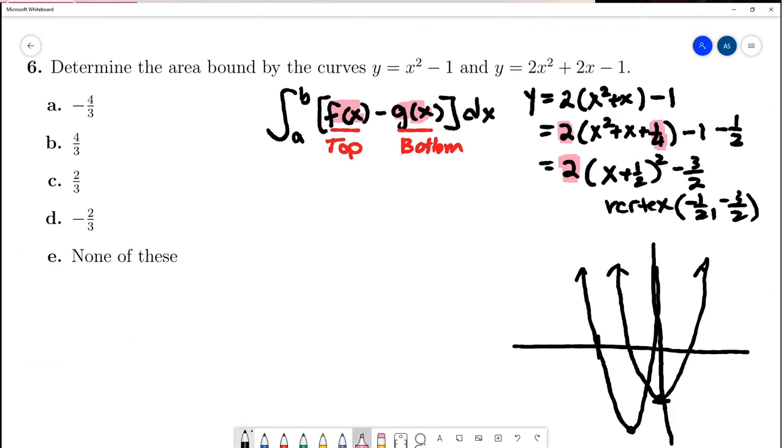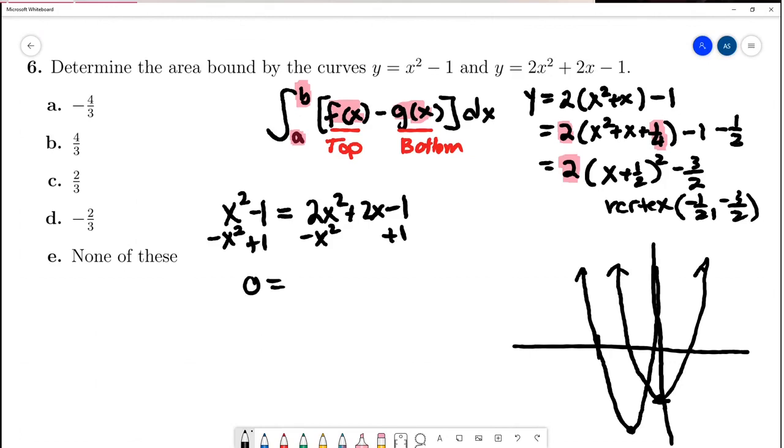So I need to find the intersection points that will help me find the bounds on this interval, the a and the b. So I'm going to set these two equations equal to each other to find those intersection points. x squared minus 1 equals 2x squared plus 2x minus 1. I'm going to collect all the terms to the same side, subtract x squared, add 1.